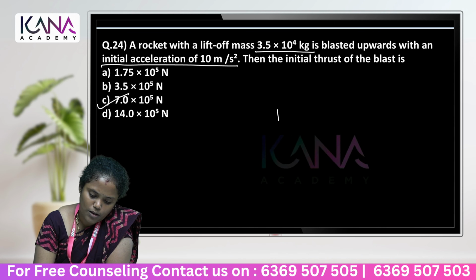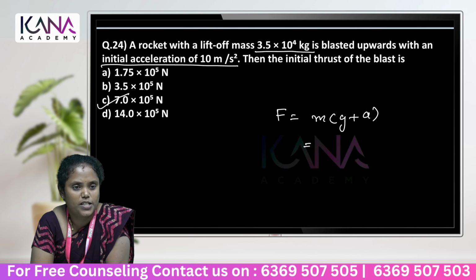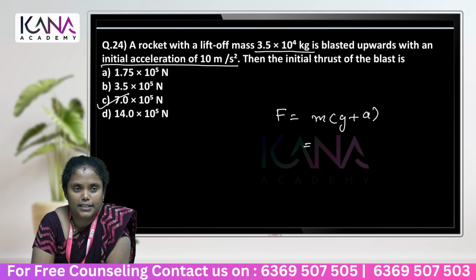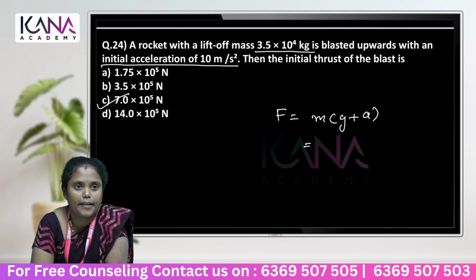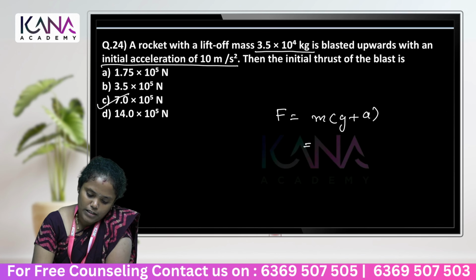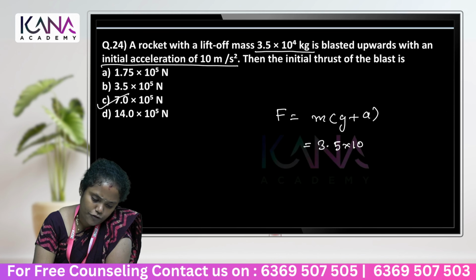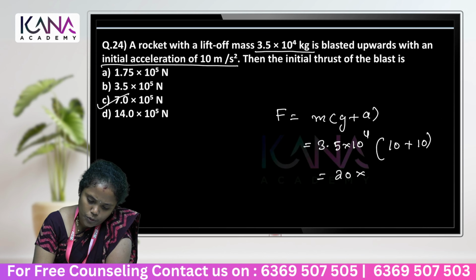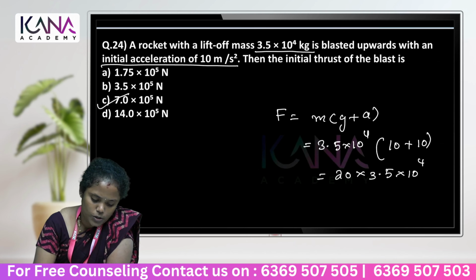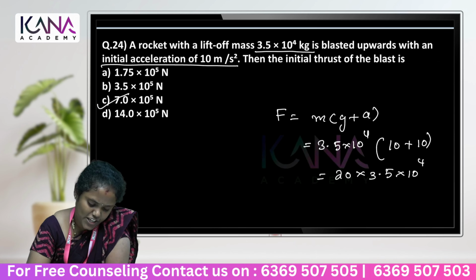Option C. So 3.5 into 10 to the power 4 into 10 plus 10. So it is 20 into 3.5 into 10 to the power 4. So it is 7 into 10 to the power 5.